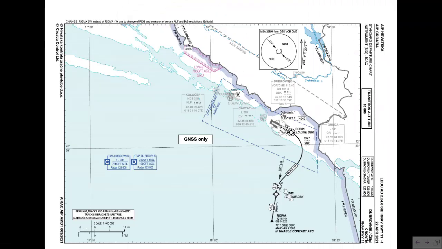It's because what they draw here, this angle and this distance, is not exactly accurate enough. They published AirNav GNSS position, so we have to use the position published on the AIP.